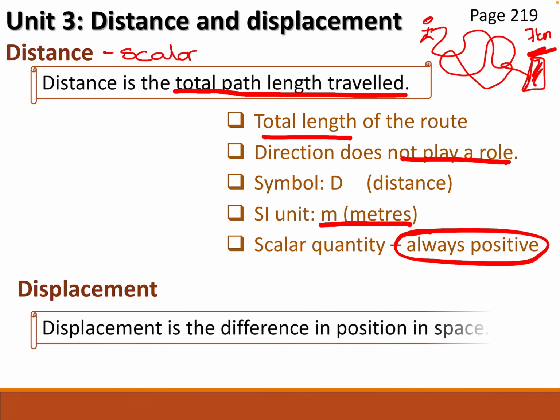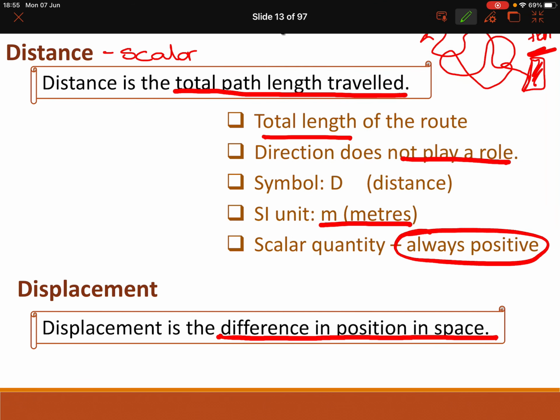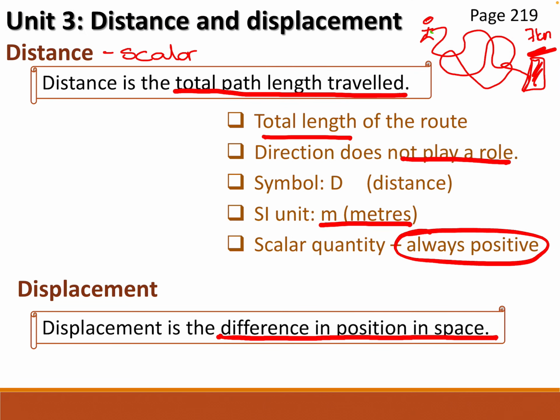Displacement, however, is the difference in position. If I go back here, my displacement is that. It's a straight line from my beginning to my end.